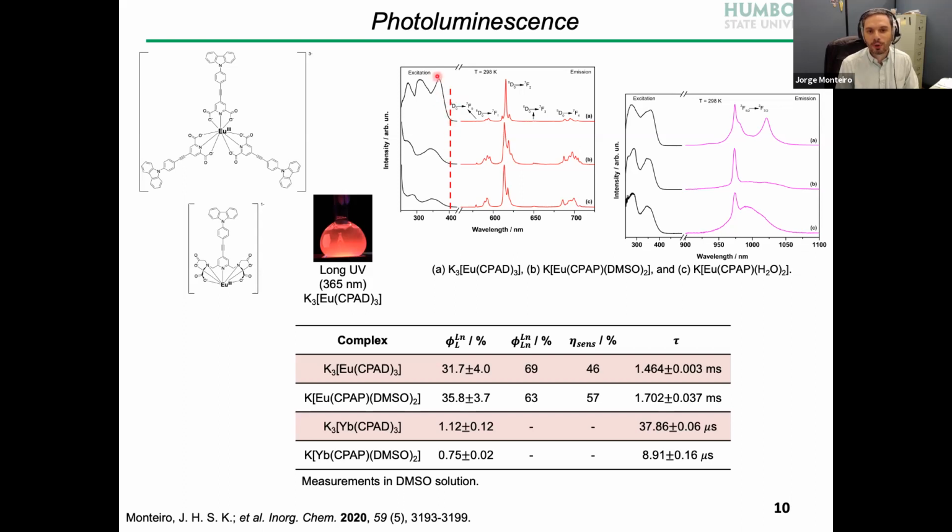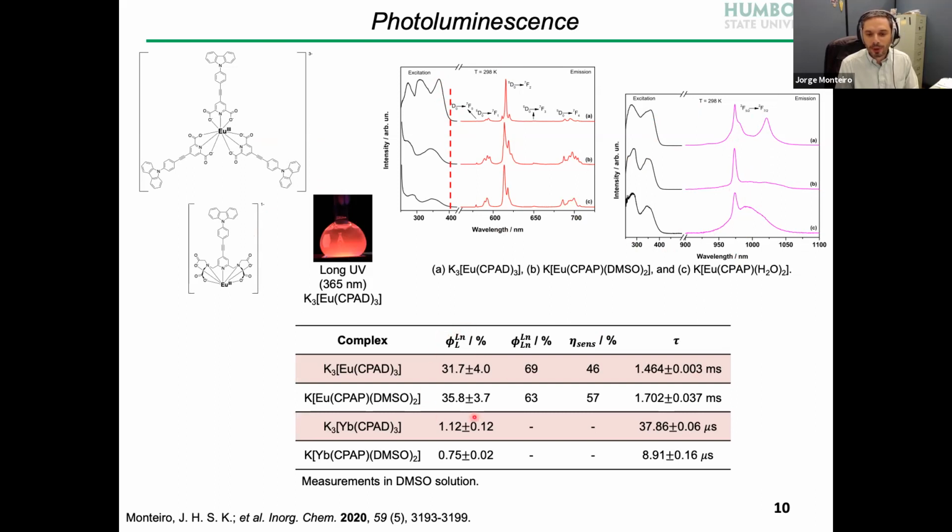So although it's not the peak, it gets the tail here, and that's more than enough. And with these ligands, we can also sensitize the emission in the NIR. So red region and NIR region, they are all possible.